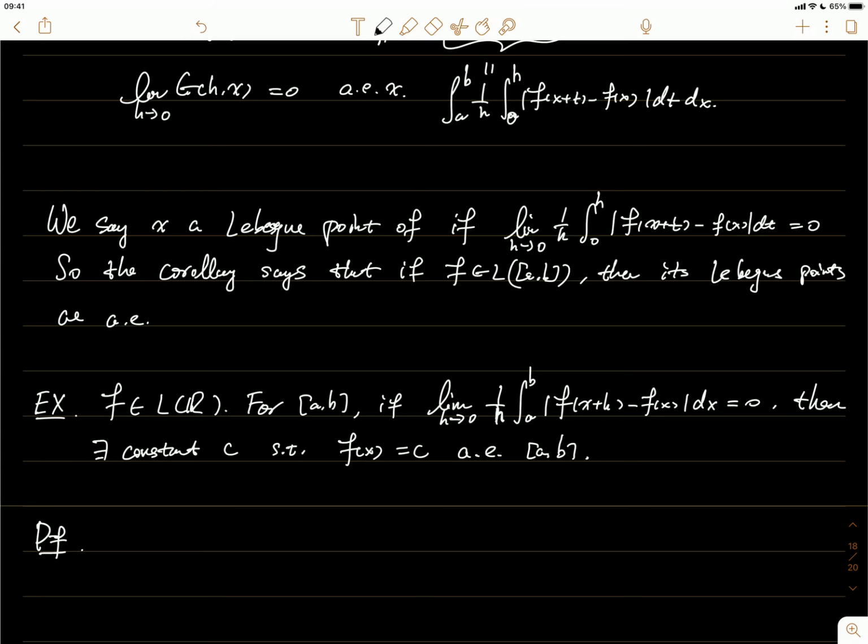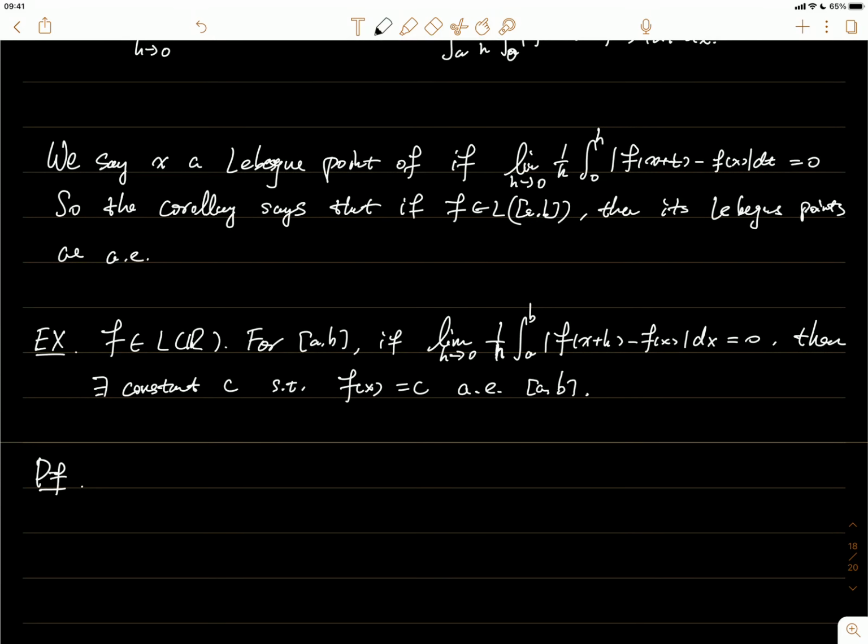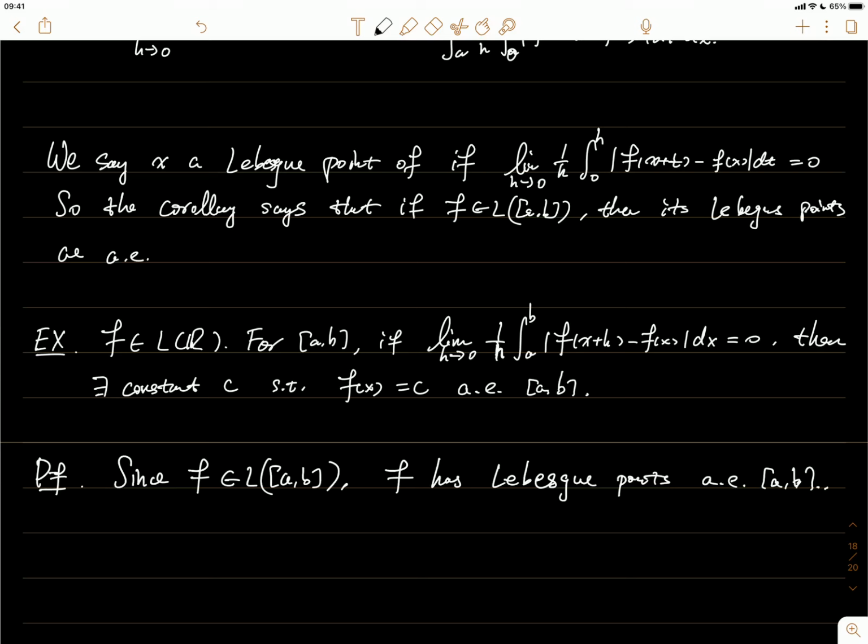Okay, so by applying the corollary above, since f is integrable, f has Lebesgue points almost everywhere over this interval. And what is the claim?